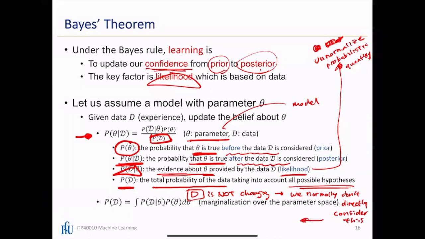Instead, we simply model the posterior in terms of the ratio. So we seek the proportional-to relationship between the posterior and likelihood multiplied by prior.